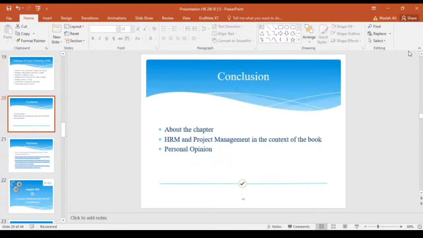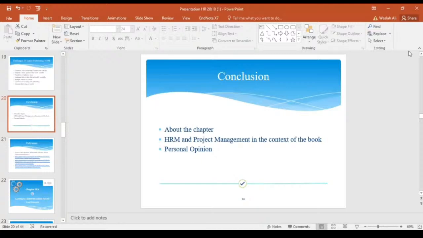It has also emphasized both sides of a project. There are two sides of project-based organization: the dark side and the bright side, which were already discussed in the presentation above.